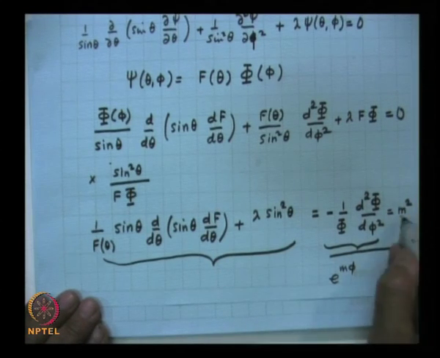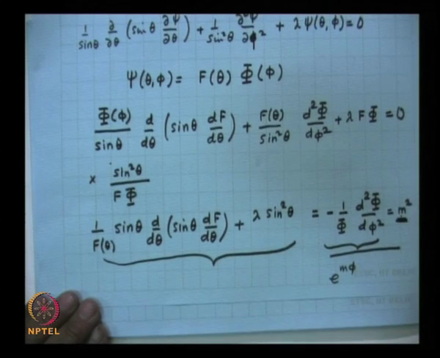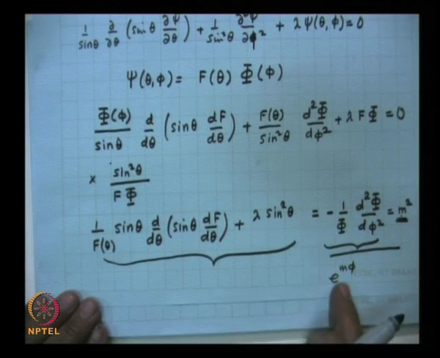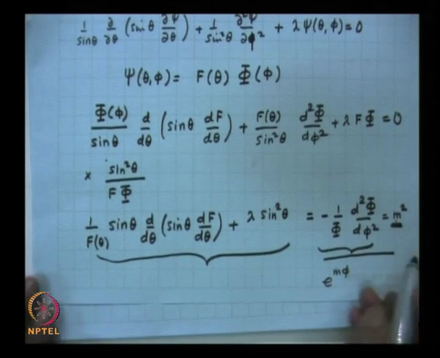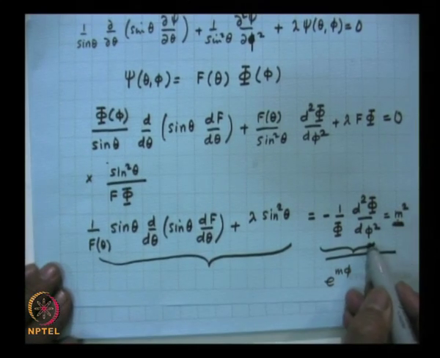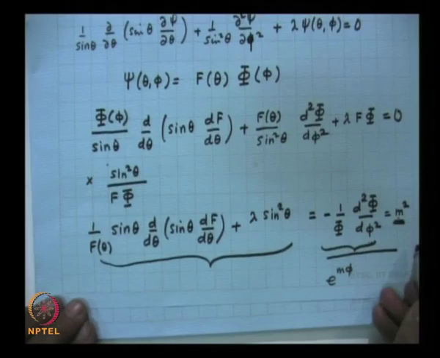And so, therefore, this has to be put equal to a positive constant. If I put equal to a negative, minus m square, then the solutions will be exponentials, and those will not be single valued. So, therefore, we have solved the phi part of the equation rigorously.